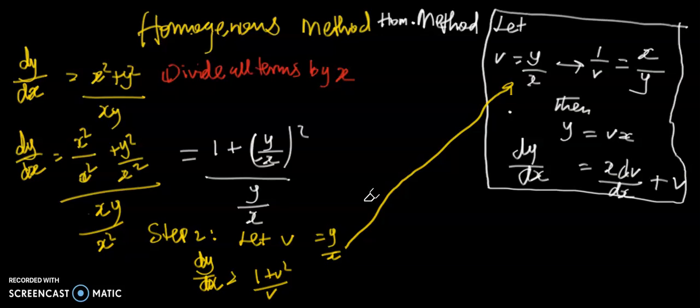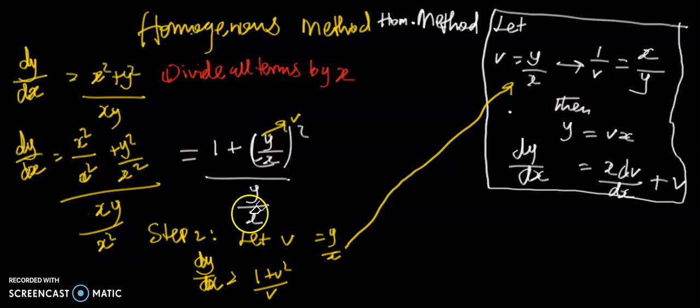Of course, we know this from what we have in the function, because 1 plus y divided by x squared, and this will simply give us 1 over v. So this is our v, but we know that v is y over x, which is also v. So that is what I have done.